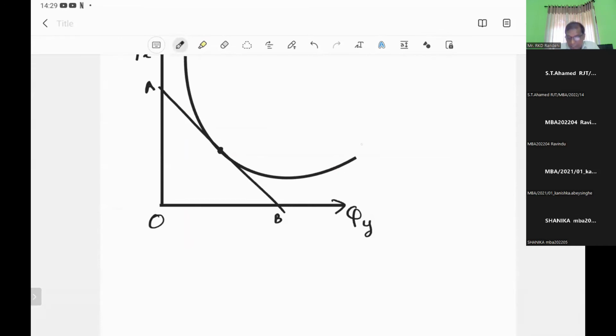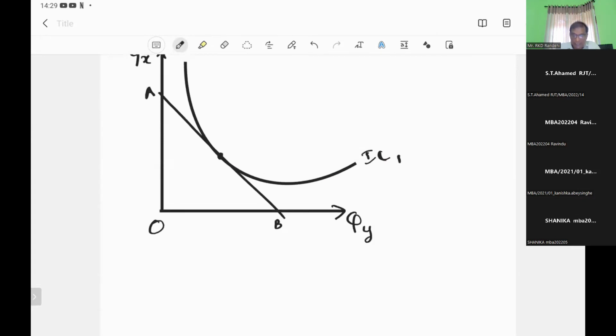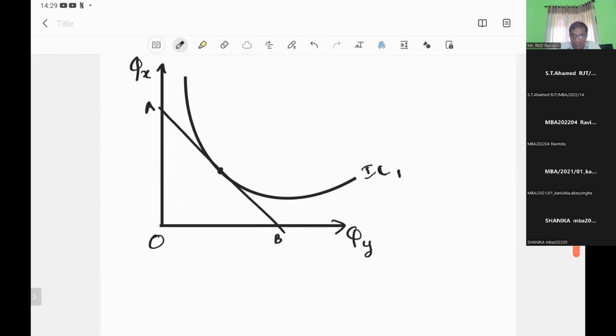Assume that it is the equilibrium point, indifference curve 1. The budget line is AB. The consumer can buy x1 from here, y1, right?